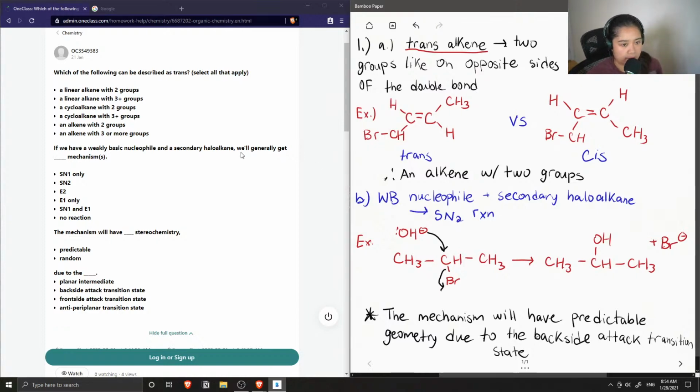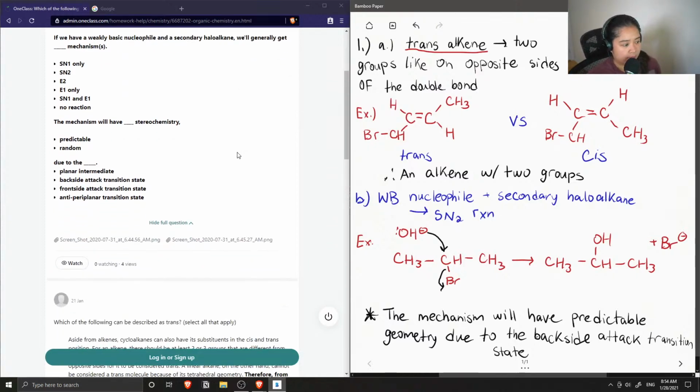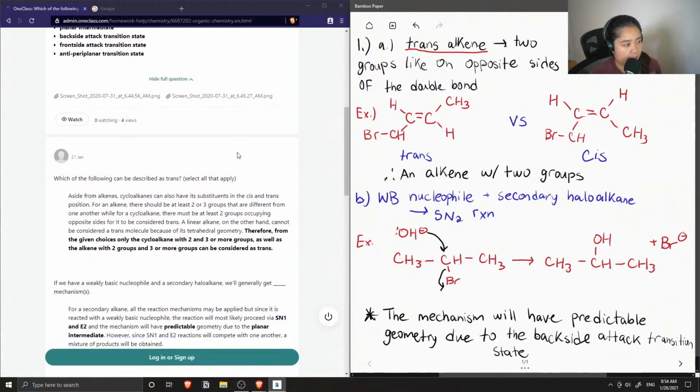Okay, so let's see what the junior tutor says. Which of the following can be described as trans? Aside from alkenes, cycloalkanes can also have its substituents in the cis and trans position. For an alkene, there should be at least 2 or 3 groups that are different from one another, while for a cycloalkane, there must be at least 2 groups occupying opposite sides for it to be considered trans.